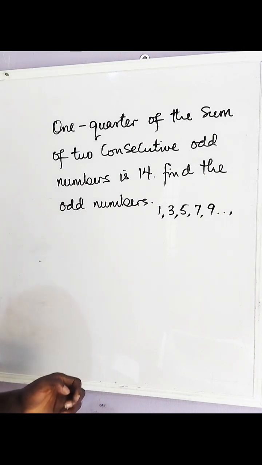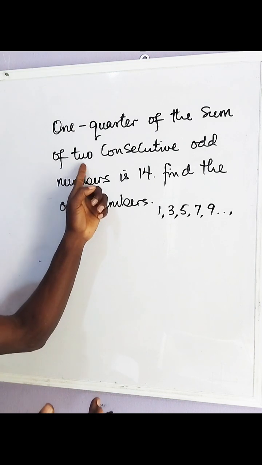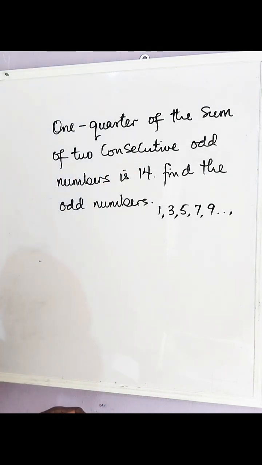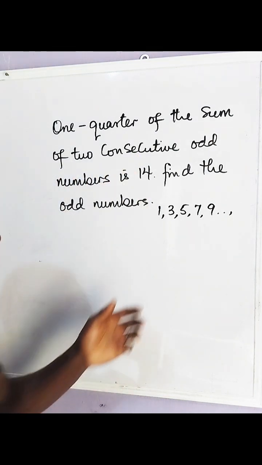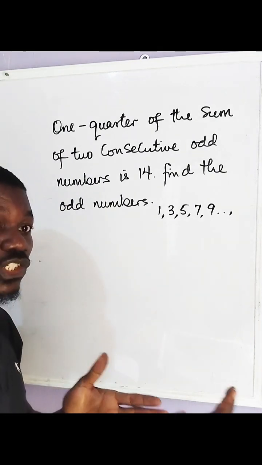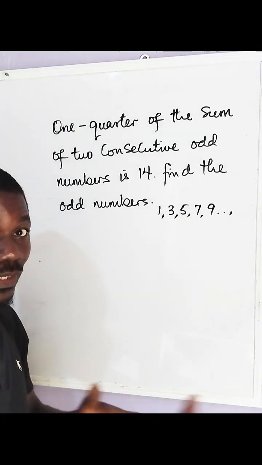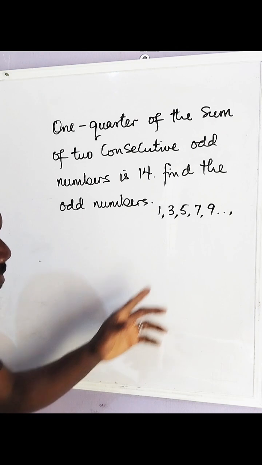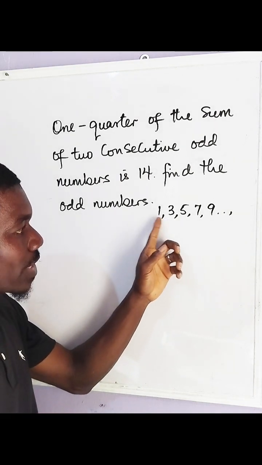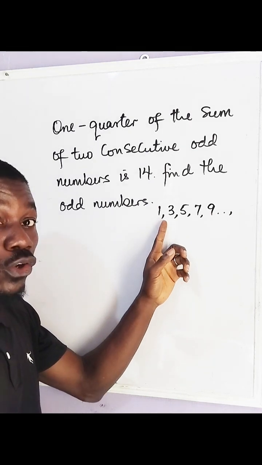Okay, the next thing we need to look at is 2 consecutive. Two consecutive implies two numbers that follow each other based on a particular sequence or a particular difference. For instance, 1 and 3 are consecutive odd numbers.